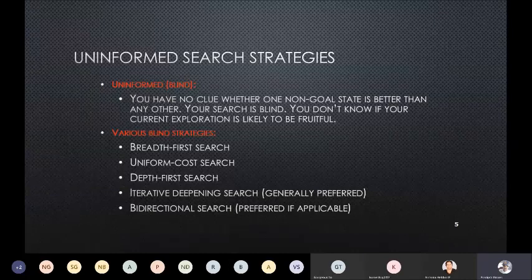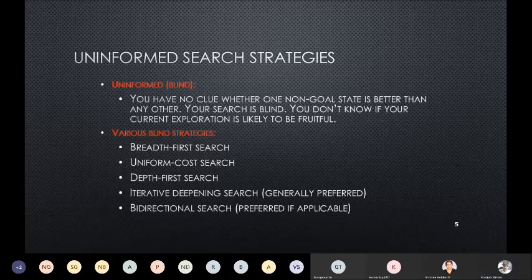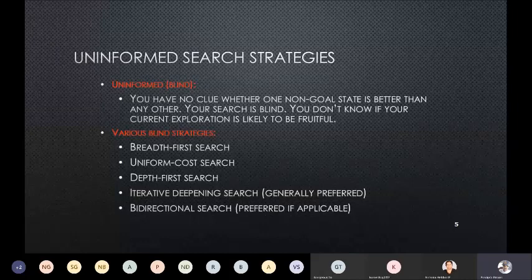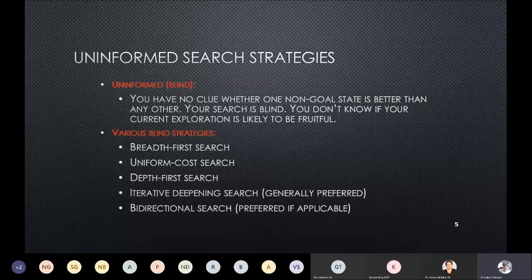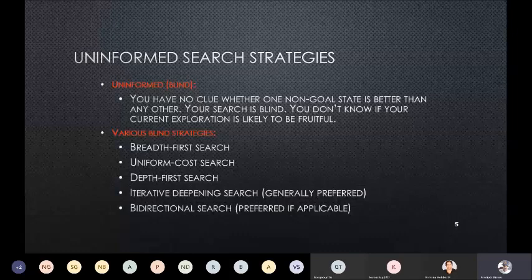Those are my constraints. In uninformed search, we have no clue whether one non-goal state is better than any other. So I do not know where I should go from, say, Bangalore. I do not have any other information. That is why these are also called blind search or uninformed search.